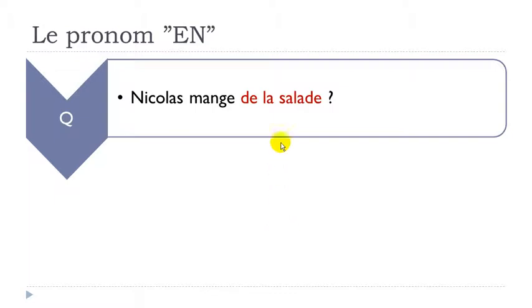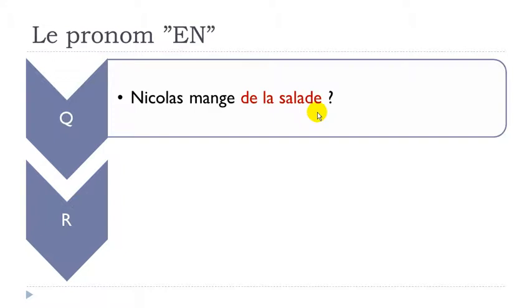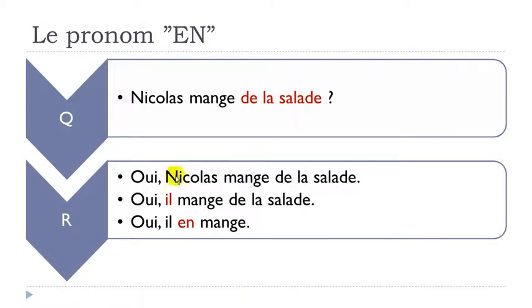another example. In the first example we had the masculine form, and now I wrote the same sentence, but here we've got de la salade. Salade is a feminine word, so in that case it's not du, but de la. But still it's the partitive form, some. Nicolas mange de la salade. As we saw, first option would be "oui, Nicolas mange de la salade", so you repeat the whole sentence.